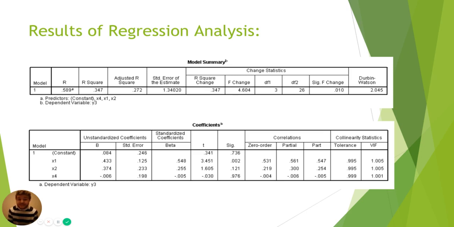This is the measure of the multicollinearity of your predictor variables, and the closer this value is to 1, the less collinearity your predictors share. And as you can see, the highest amount of VIF that we have is 1.005. So this assumption is also supported in that the predictors were not themselves correlated.